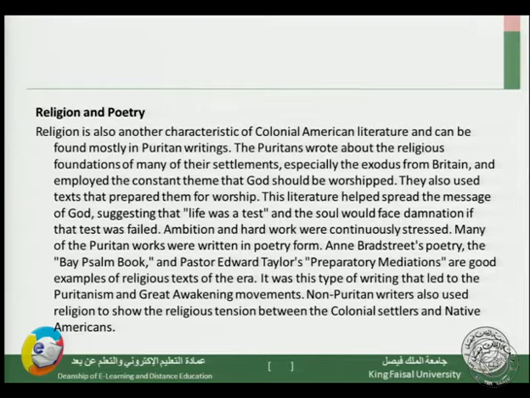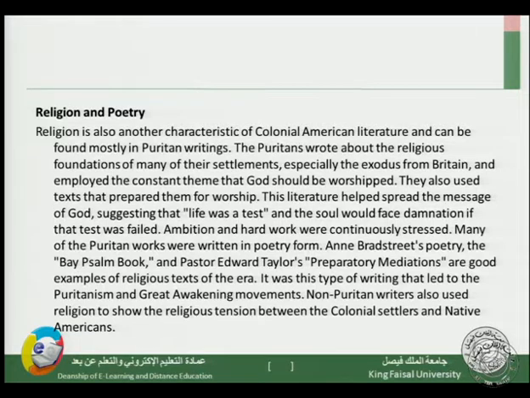Bradstreet's poetry, the Bay Psalm Book, and Pastor Edward Taylor's Preparatory Meditations are good examples of religious texts of the era. These are examples to be remembered of the colonial American literature period.